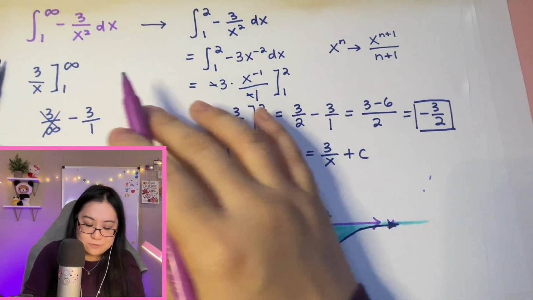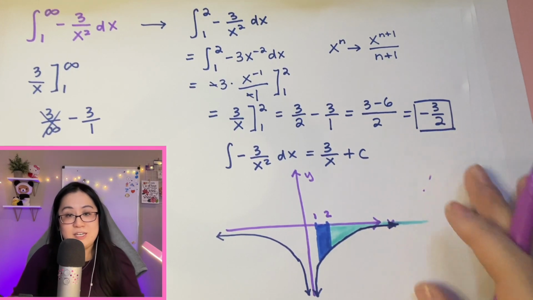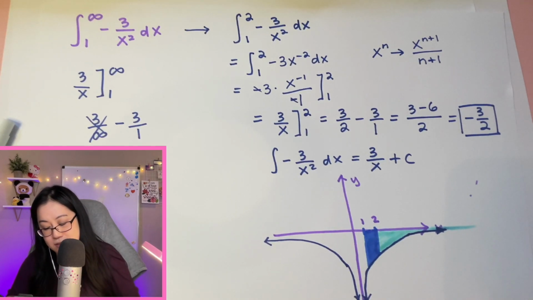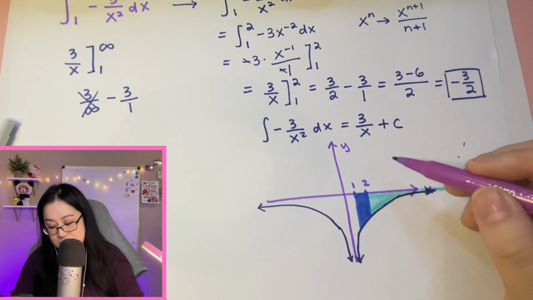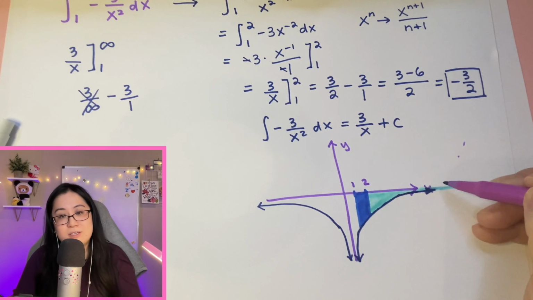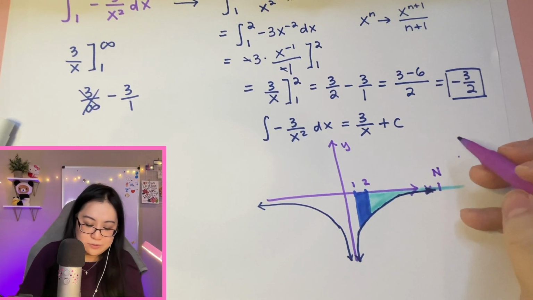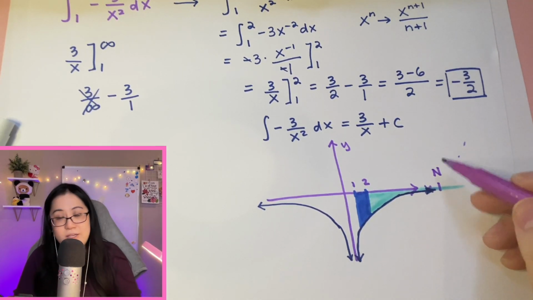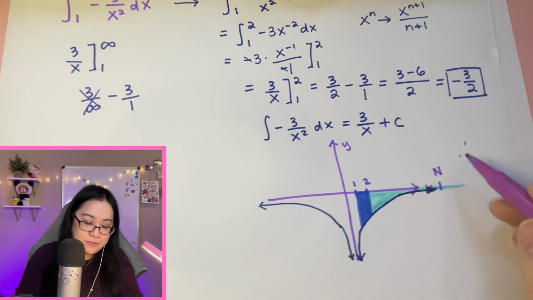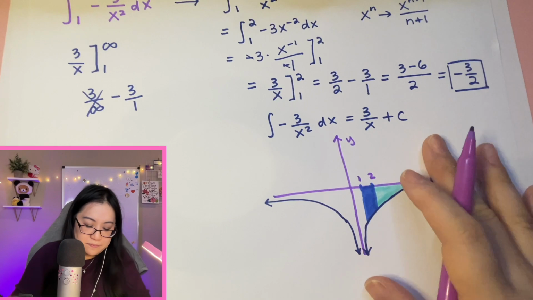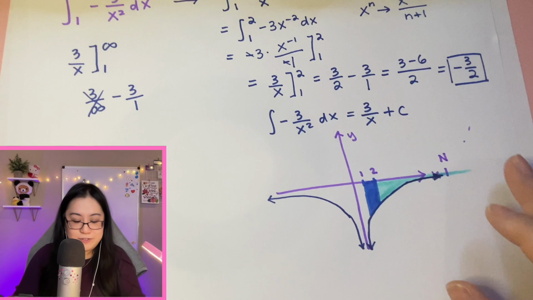So what we're going to do for this particular question is, instead of thinking of infinity as an actual number, because it's not, I'm going to replace it with a different variable. So I'm just going to call this upper bound capital N. Whatever we want. You can use T, you can use M, or whatever. I'm just used to N, so that's what I'm going to do. And then we're going to take the limit as that upper bound approaches infinity.